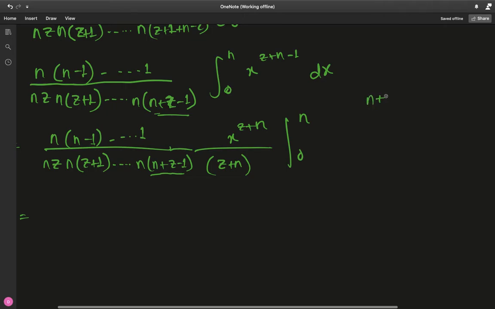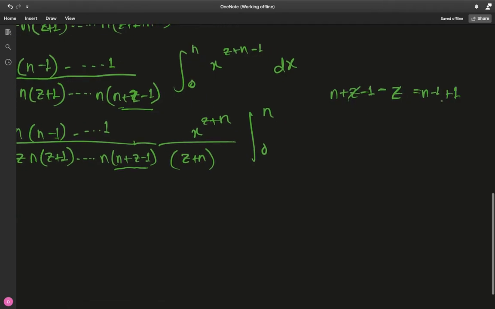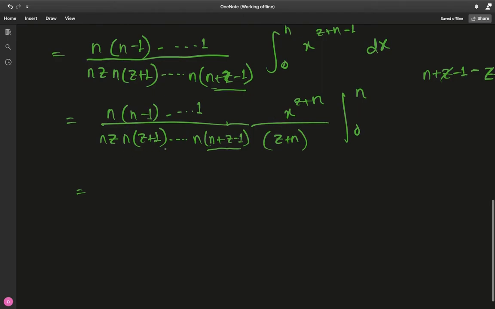Last term minus first term, which is a z, will give us n minus 1 plus 1. That's how many terms there are. So there are n terms, so n is being multiplied with itself n times.